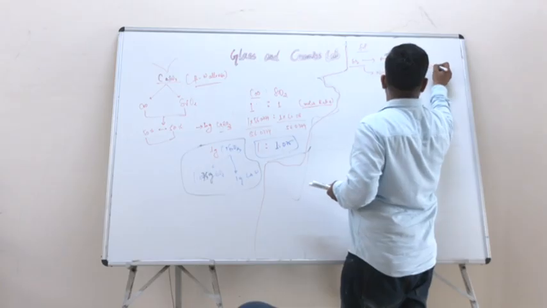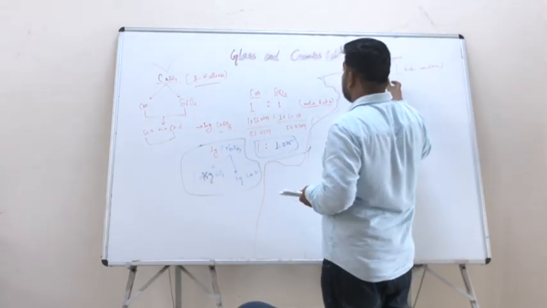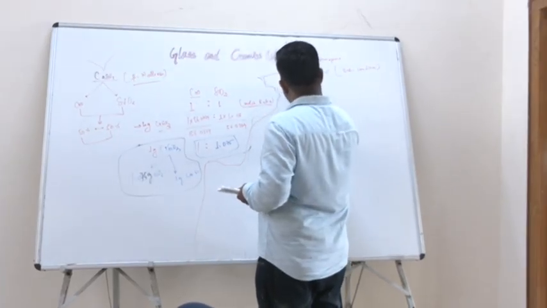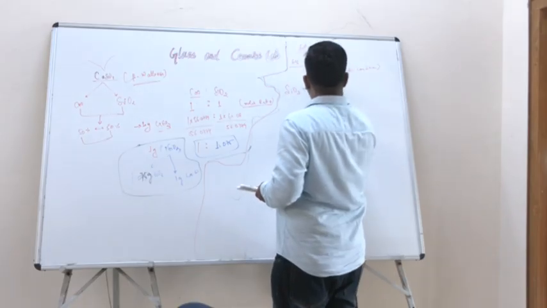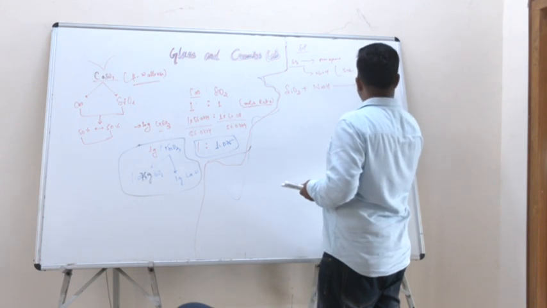At normal condition, it won't dissolve. So we have to dissolve SiO2 with NaOH, which will give us sodium silicate.